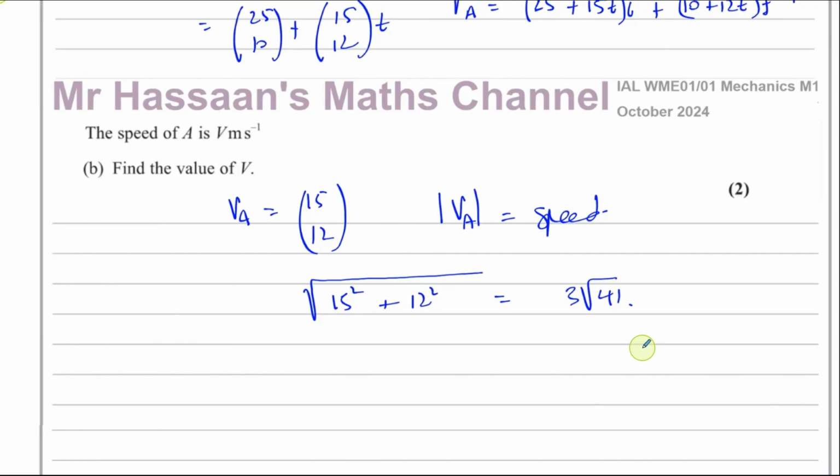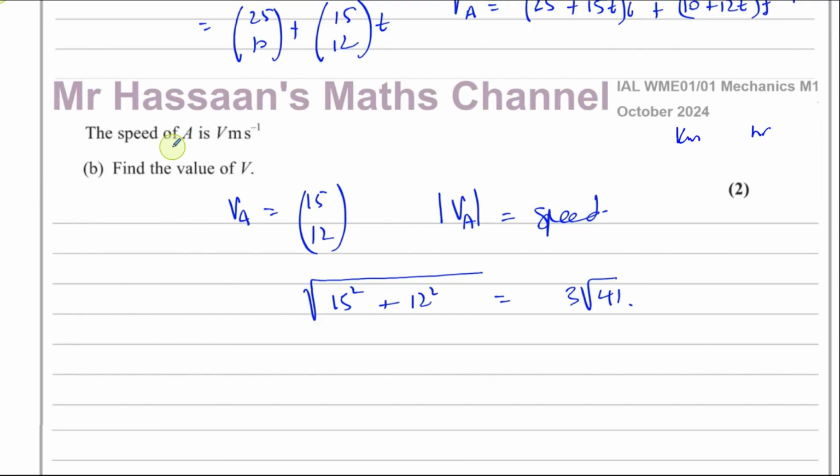Now one of the things we have to be careful about here is that in this question we've been given our units as kilometers and hours. The vectors given before were in kilometers and hours: the distance was in kilometers and the time was in hours.